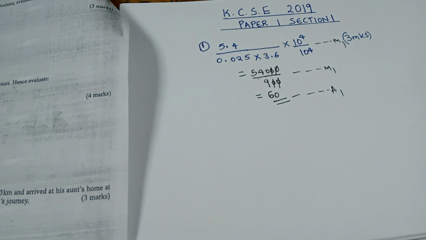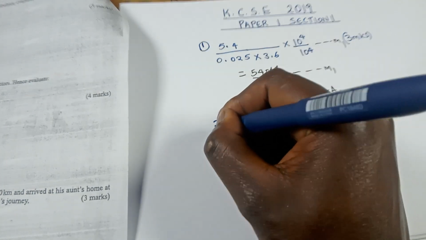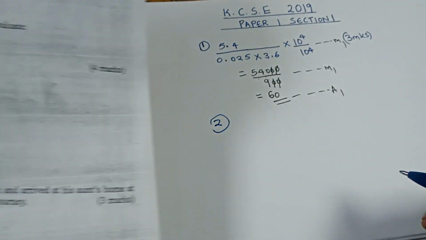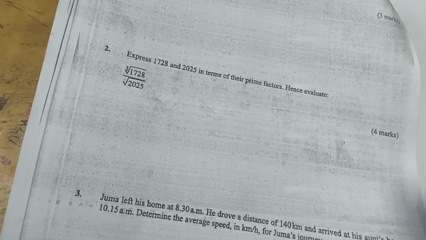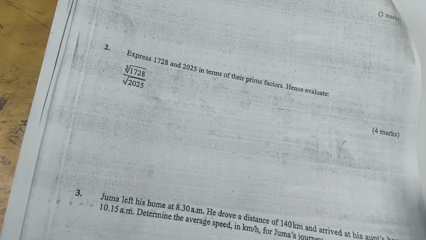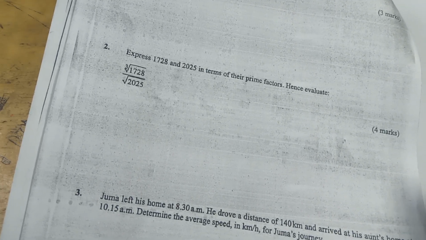Let's get to number 2. Our question reads: express 1728 and 2025 in terms of their prime factors, hence evaluate.